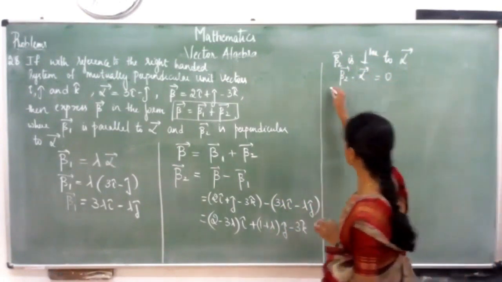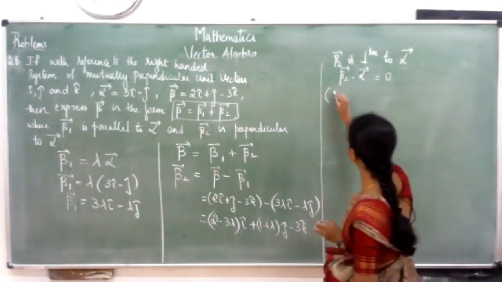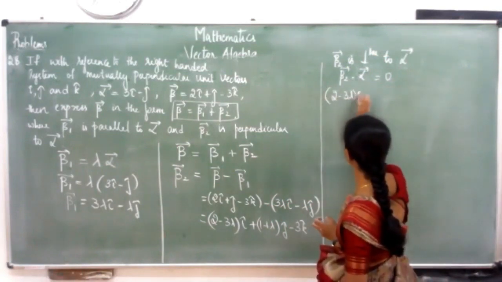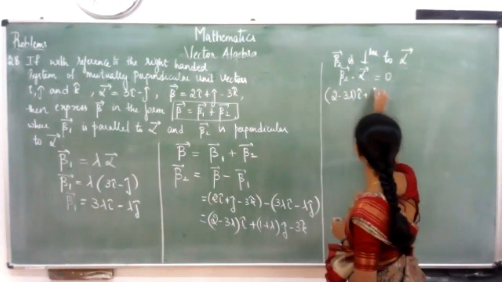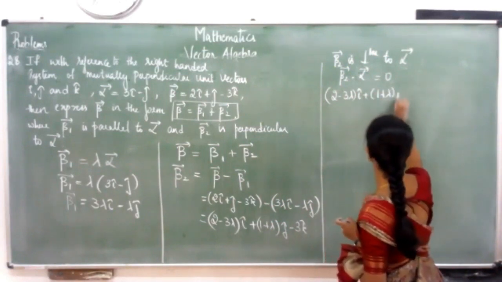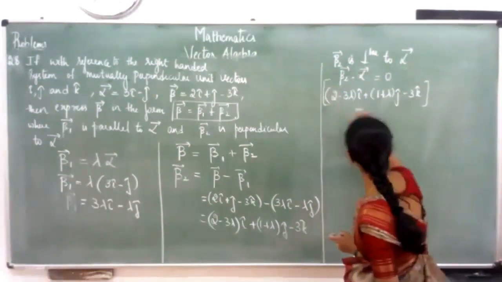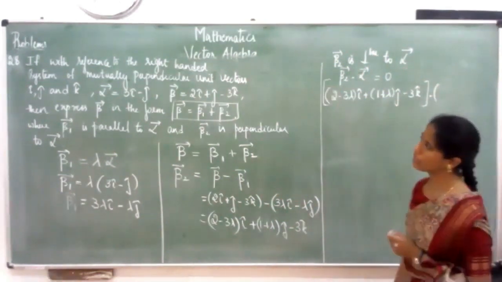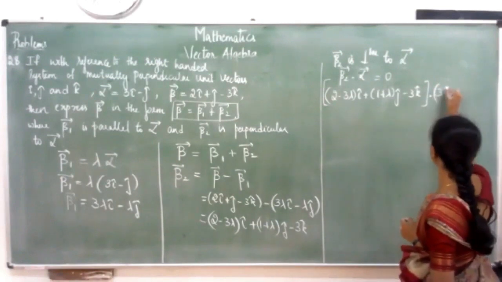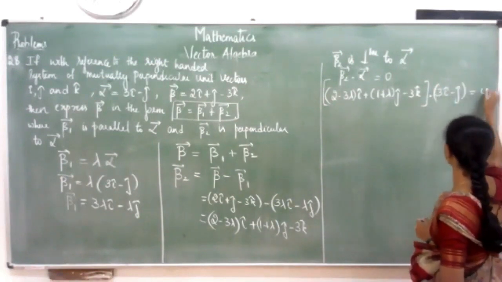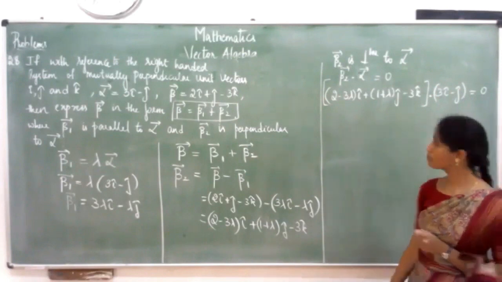The dot product between these two is 0. Vector beta 2 is given by 2 minus 3 lambda into i cap plus 1 plus lambda into j cap minus 3k cap. This is our vector beta 2 dot vector alpha, which is 3i cap minus j cap, equal to 0. Let us simplify this.